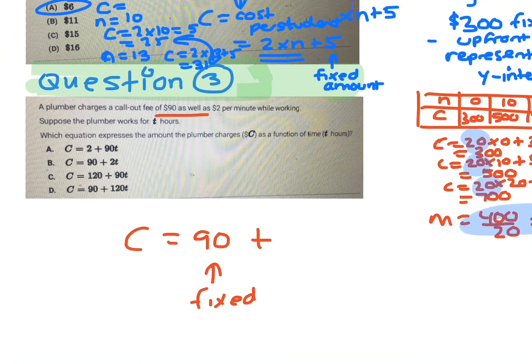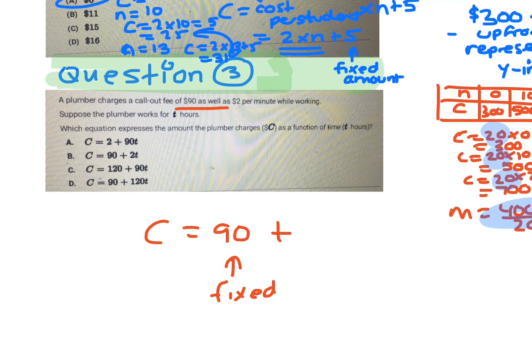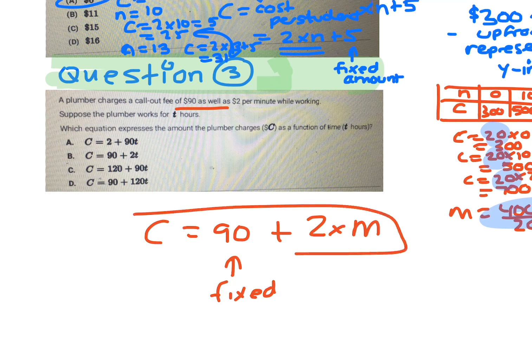So it all backs up the equation. So the cost is $90 plus $2 per minute. Let M be the number of minutes. Okay, they got T as the number of minutes. So put T. So 90 plus 2T. So it's going to be B.